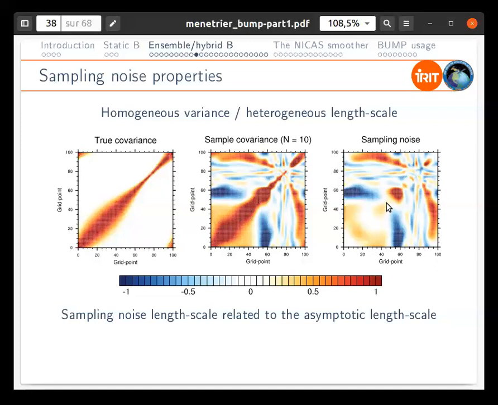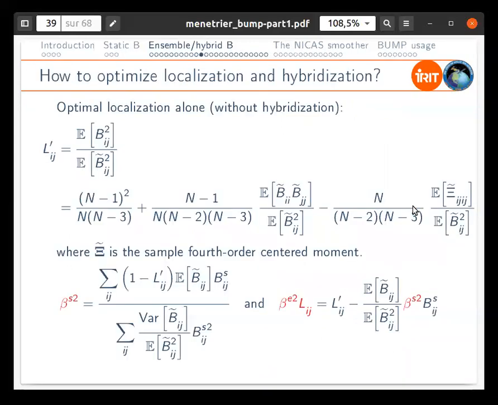We can see the same behavior for the sampling noise. So what's important to understand is that the sampling noise length scale is really related to the asymptotic length scale. And we can use this feature and a lot of math to find what should be the optimal localization.